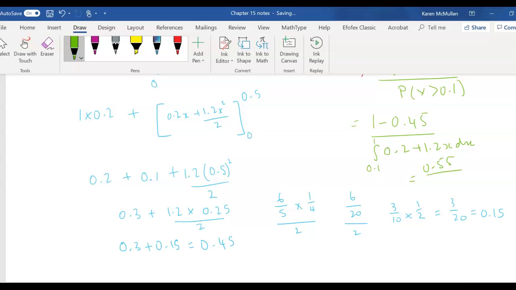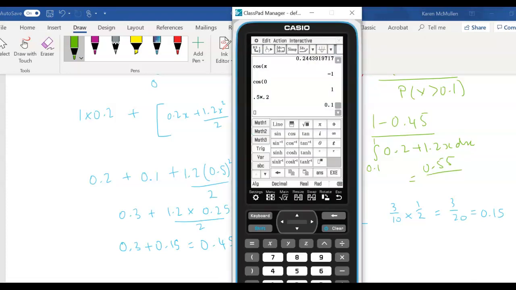And then the denominator, let's just quickly do it on the calculator just to finish the video. Let's get a definite integral up. You can do this by hand as well. We kind of did some of it in the previous question.